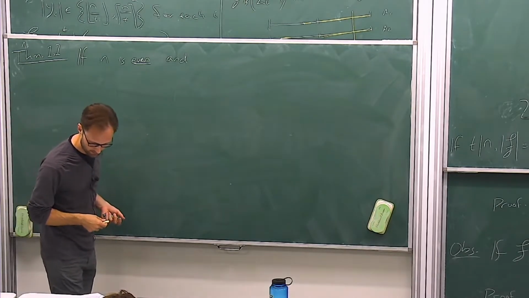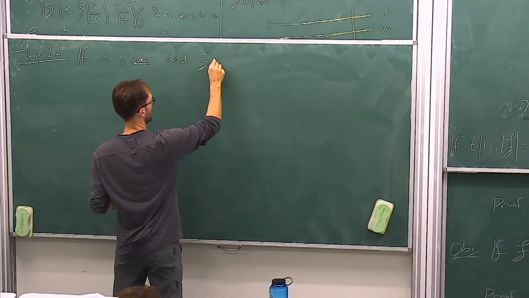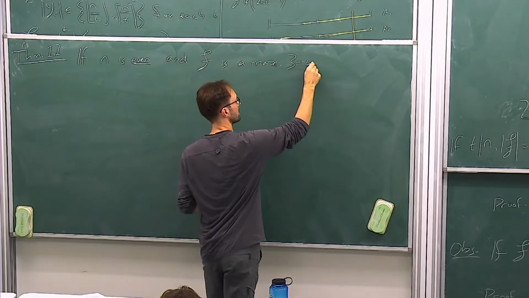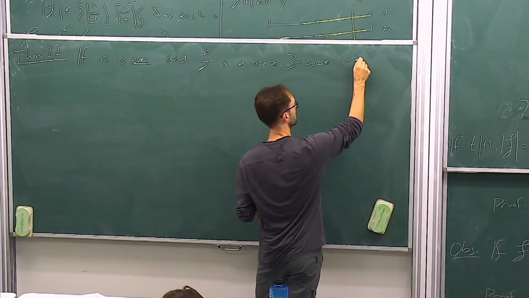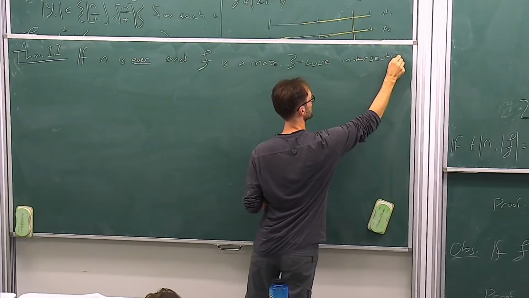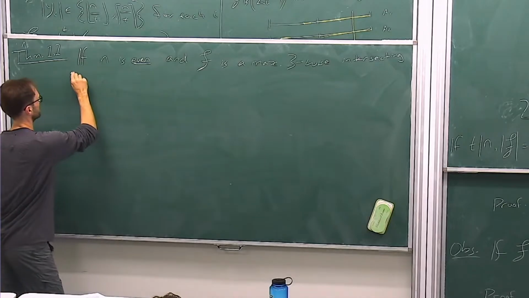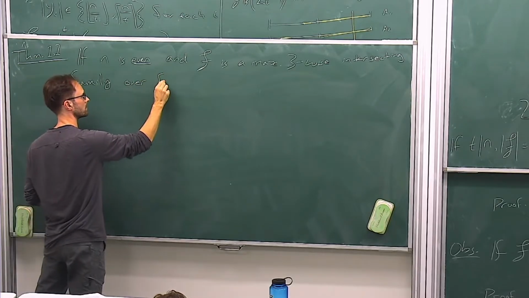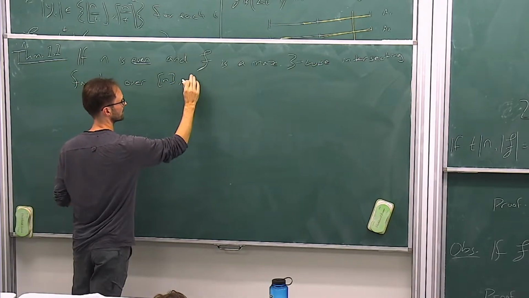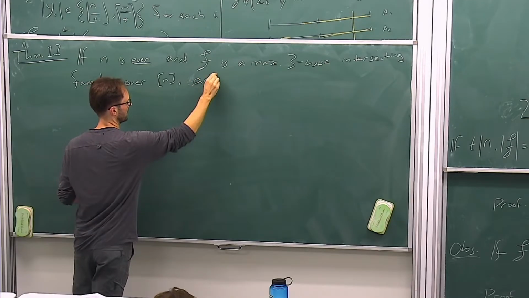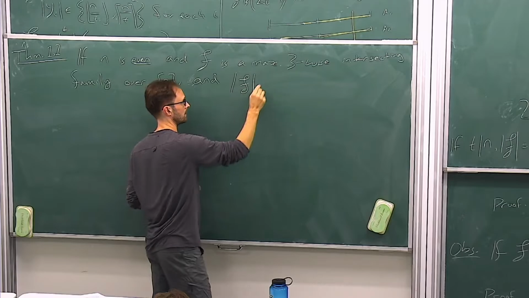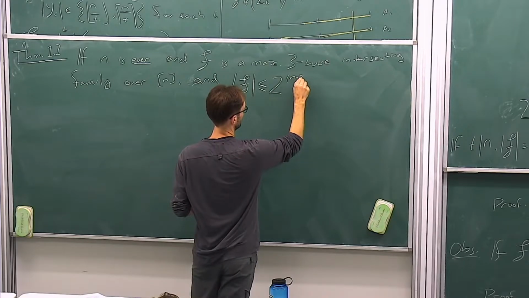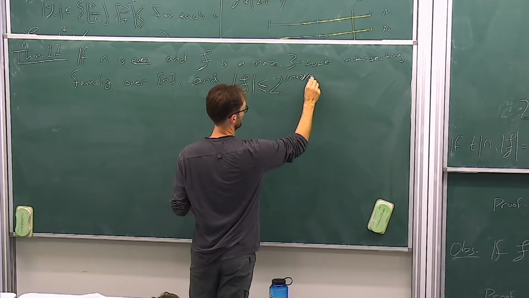So if n is even and F is a maximal 3-wise intersecting family, and the size of F is at most 2 to the n plus 2 over 2 minus 3.